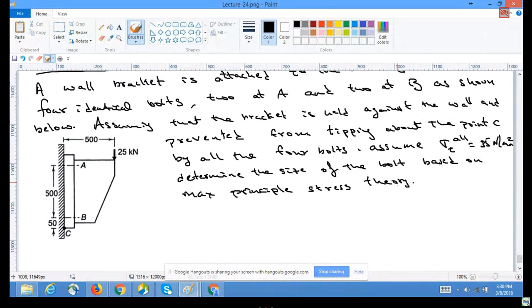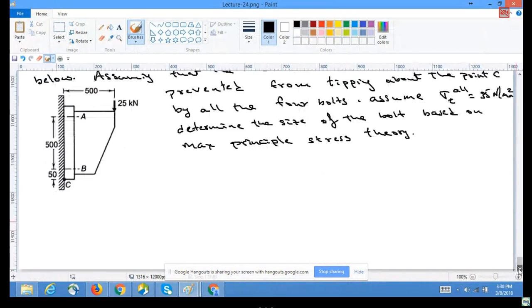So in this case, we already know that our capital P is 25 kilonewtons and our eccentricity is 500 mm.